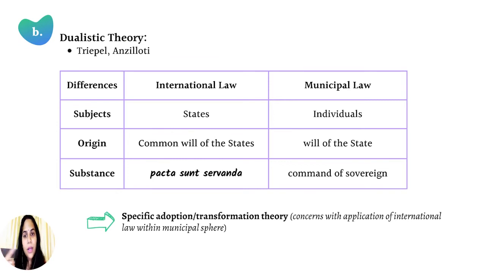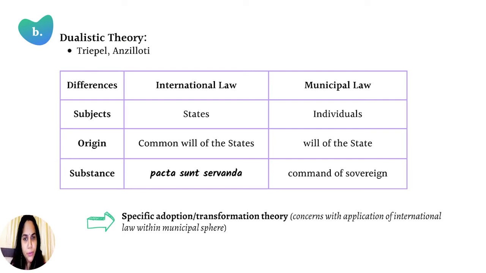Whereas the delegation theory we discussed in the previous slide and this specific theory are those theories concerned with the applicability of international law within the municipal sphere, right? Now let us see what that is.